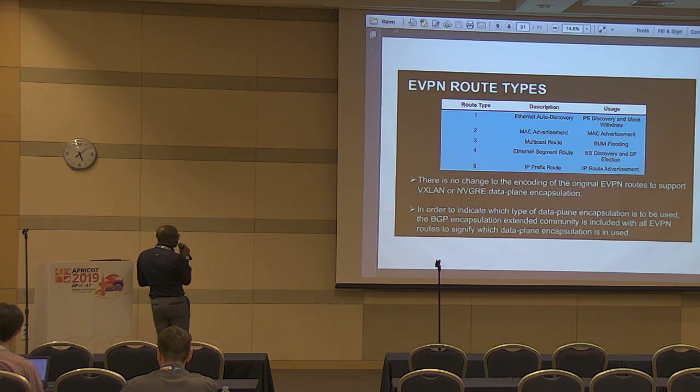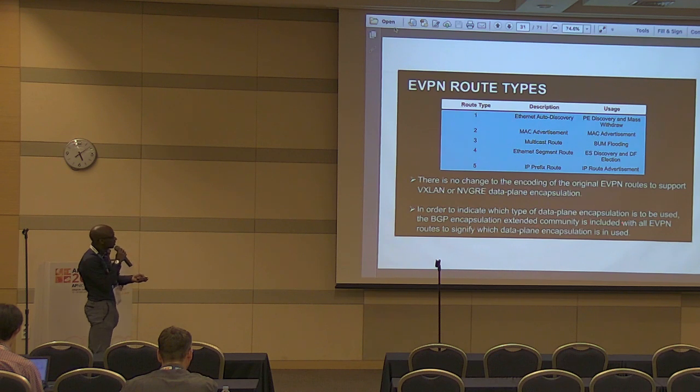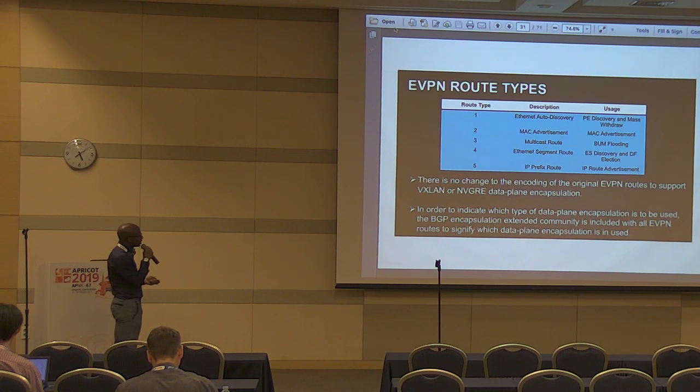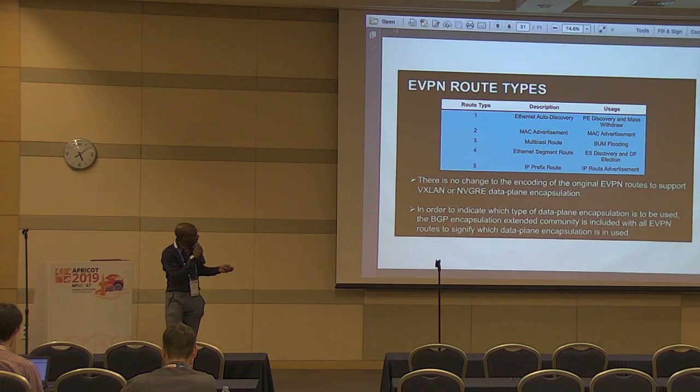I think the key here is that in order to indicate which type of data plane encapsulation is used, the BGP encapsulation extended community is included in all EVPN routes. So this is what I was saying. Remember the data plane encapsulation value with VXLAN set to 8? That is carried, as I've mentioned, as part of the BGP extended community.